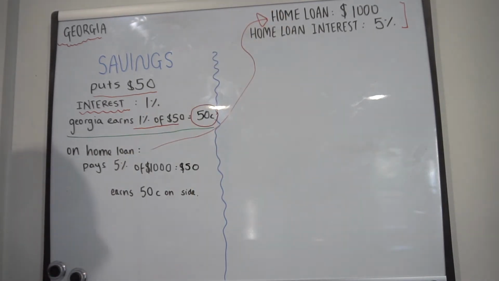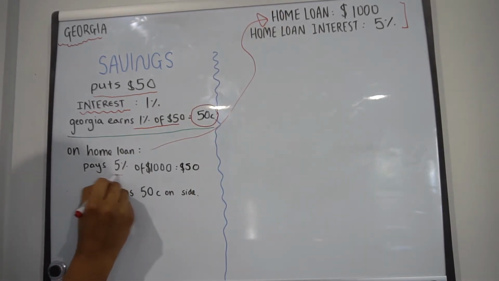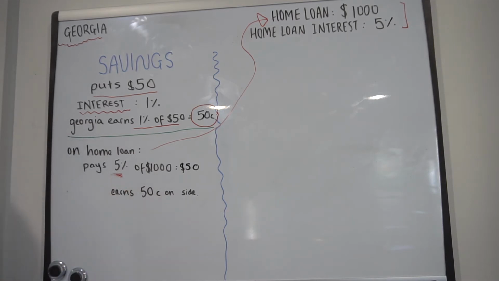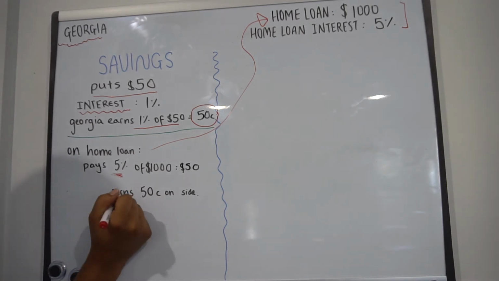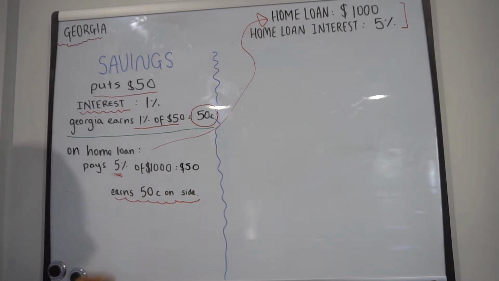It was $1,000, and the interest Georgia has to pay on her home loan is 5%. But she has earned 50 cents from her savings account, as I just demonstrated before. So whilst she is still paying 5% of $1,000, which is $50, as interest on her home loan, she has earned 50 cents on the side.